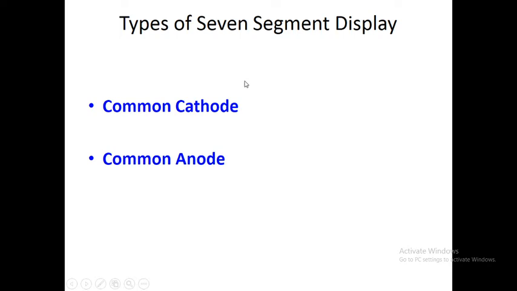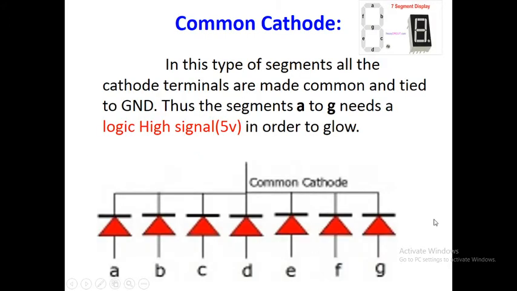Now in a 7 segment display, these 8 LEDs are connected in two ways, either common cathode or common anode. In common cathode, all cathodes are connected together and connected to ground. To turn on an LED, the controller will send 1 here. When this is 1 and the other end is ground, current flows through the LED and the LED turns on.